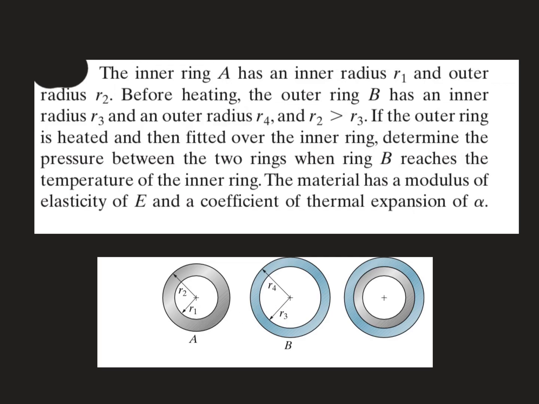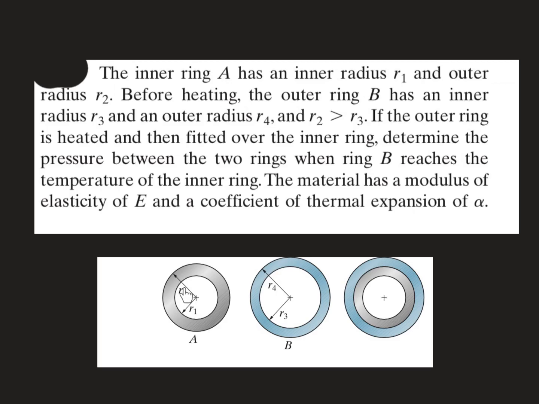You will have two tubes, like as shown in this figure, and let's think of a scenario where your R2 is greater than your R3. So this is the outside ring, and R2 is the outside radius of the inner ring.